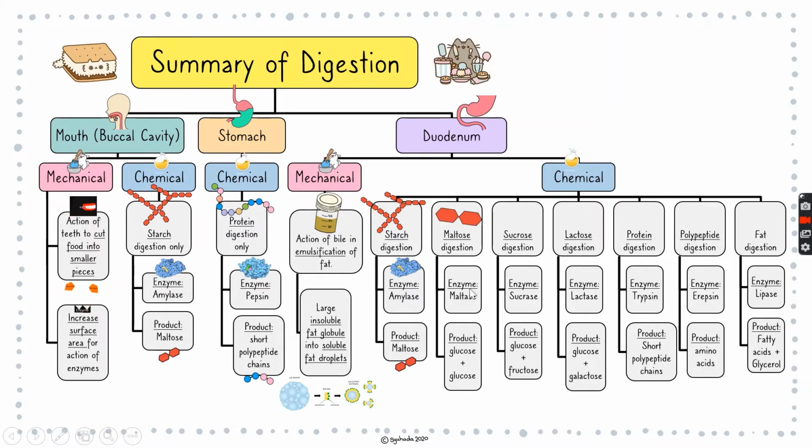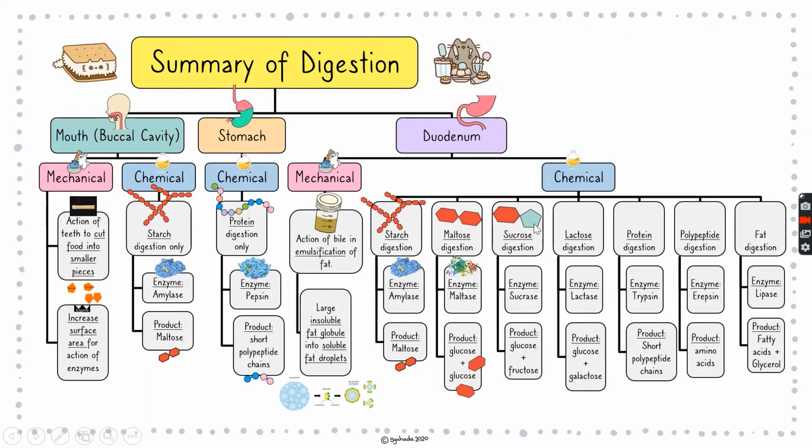Maltose will be further broken down by maltase, which is made by the duodenum wall, and this is called the intestinal juice. The product that you get from digestion of maltose is glucose plus glucose. So this is actually separated. Now you get individual, very small molecules of glucose, and that is the simplest form of carbohydrates.